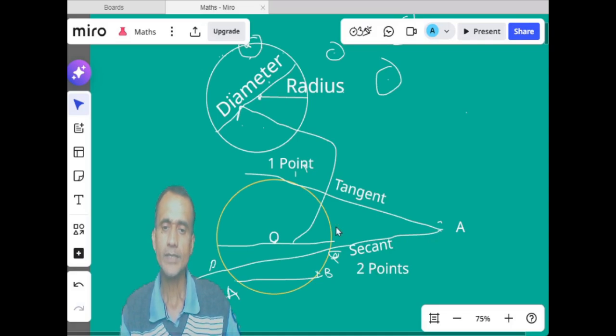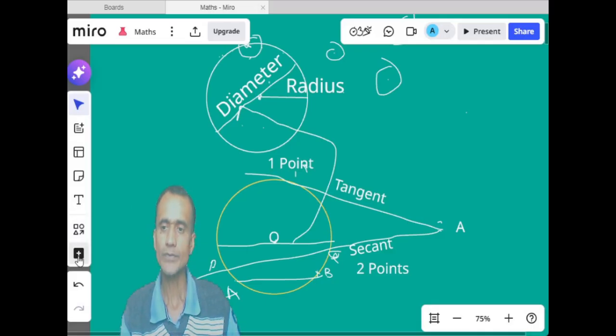So how many secants can we draw from a point outside the circle? It is infinite. But what about the tangents? How many tangents can we draw from one point? We can draw only two tangents.